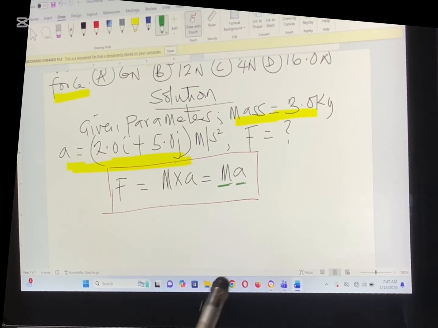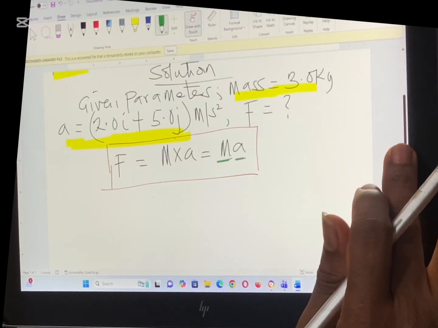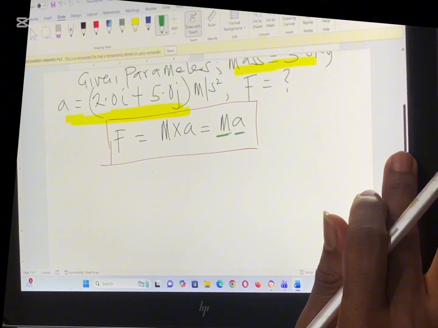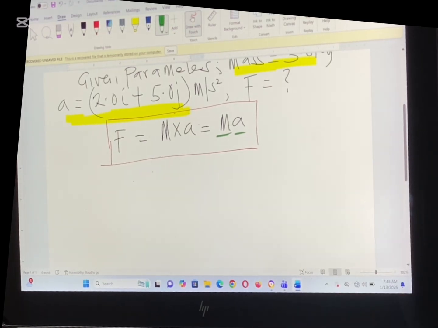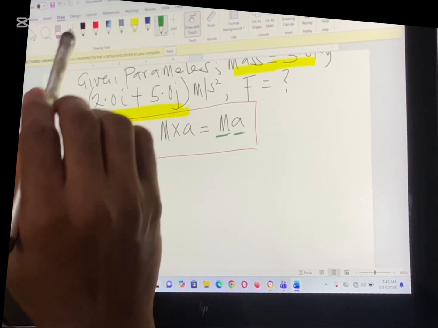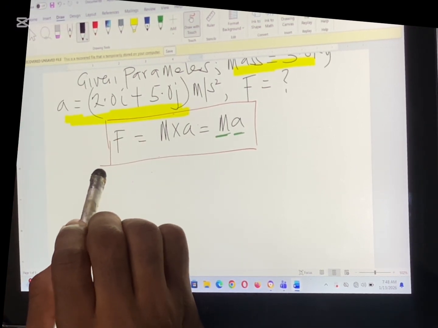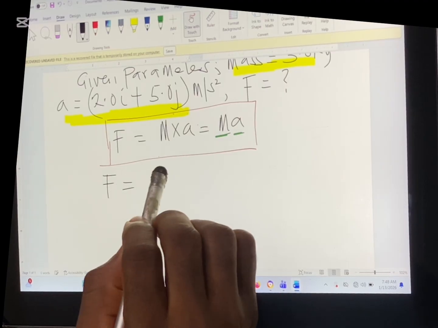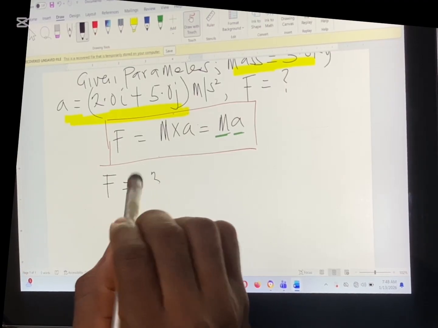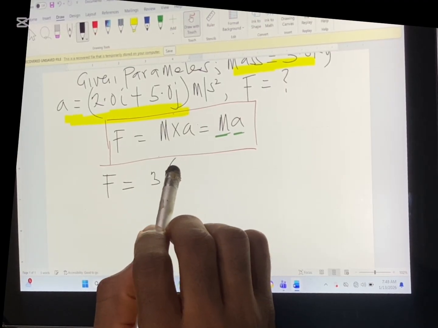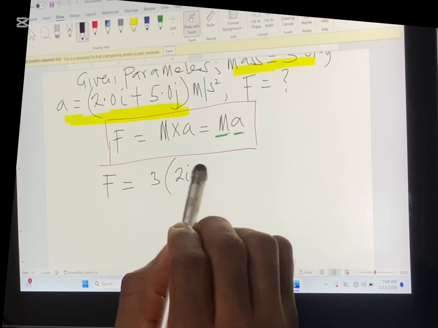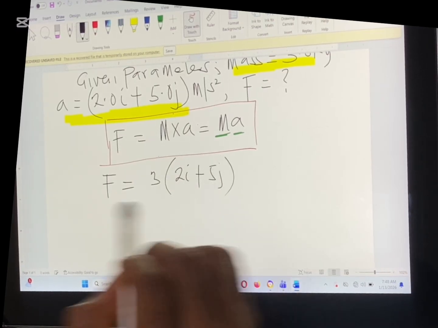So now let's replace the value of the mass and the value of the acceleration, okay? When you do that, F will be equal to 3 into 2i plus 5j. Please take note.